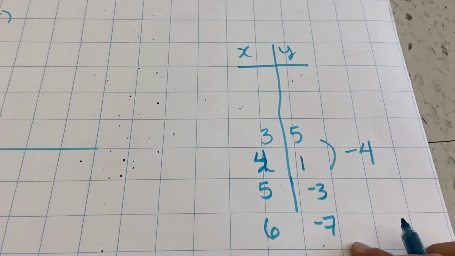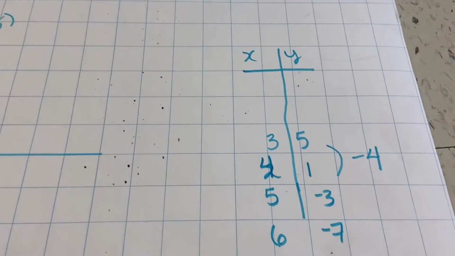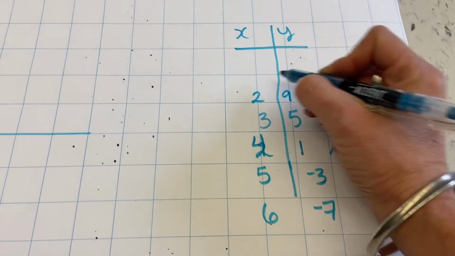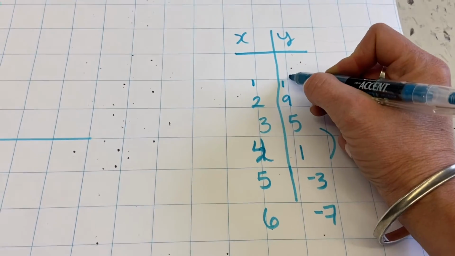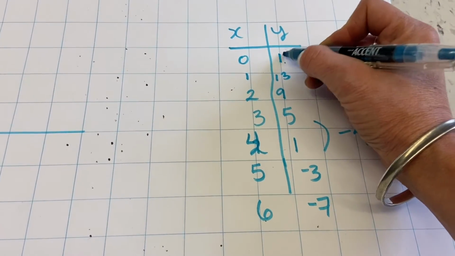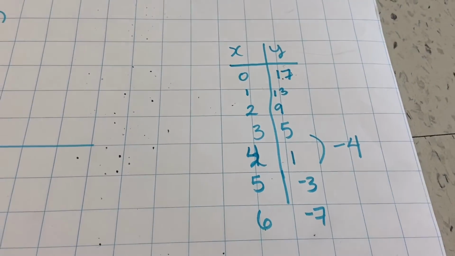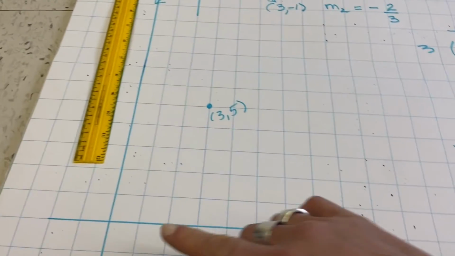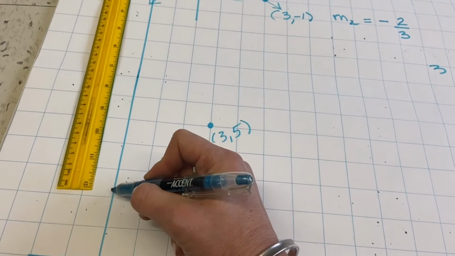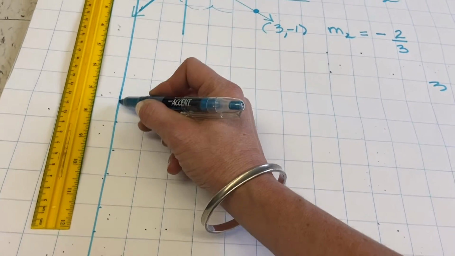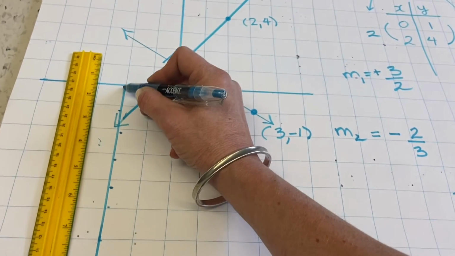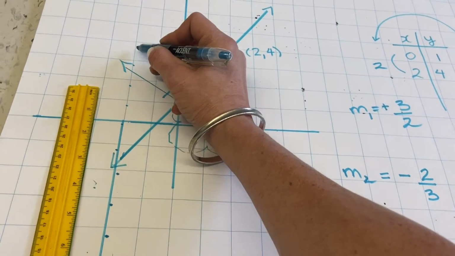It's going down 4. If I wanted to go backwards in my table, that means at 2, it would be 9. At 1, it would be 13. And at 0, it would be 17. So that means, I know you can't see that on this graph, but my graph would be, this is 1, 2, 3, 4, 5, 6, 7, 8, 9, 10, 11, 12, 13, 14, 15, 16, 17.